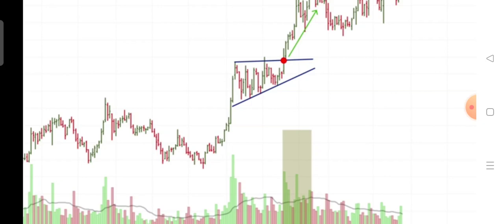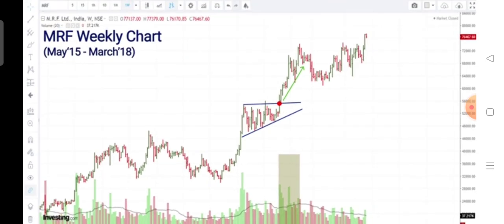During the initial up move there was again volume, during the formation of the ascending triangle volume came down, and in the breakout the volume was high. So this was a perfect classical example. We always like to have this kind of example, but we don't always get this kind of volume evidence. But even if you don't get that, if the price action is working, then you should take the trade accordingly.